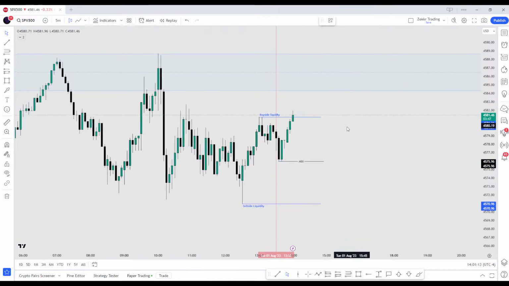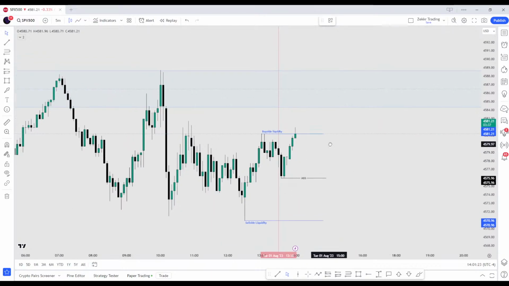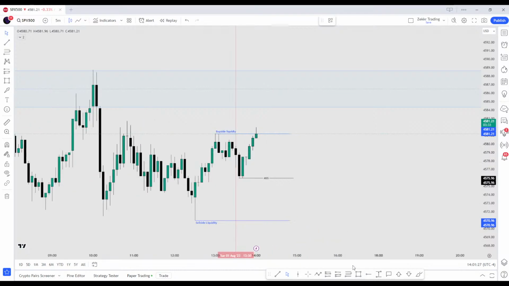Emma says, bro, there's a bullish breaker block you didn't mark. I'm not actually looking for breaker blocks right now. There are a lot of breaker blocks. This area of candles is a breaker block. You can use the last candle, you can use the bodies, but I prefer whole candles, as ICT draws it.